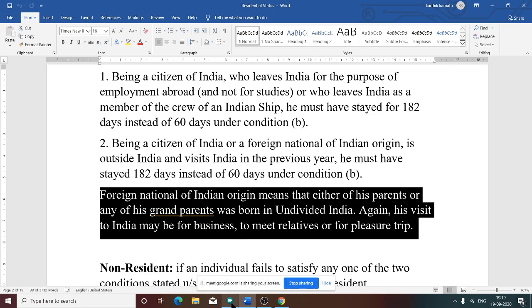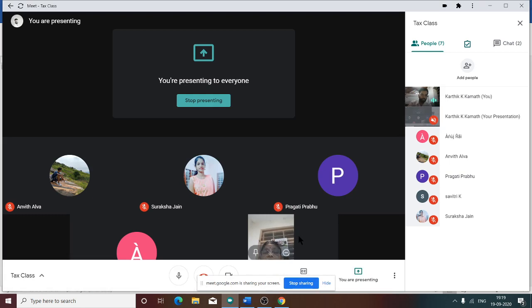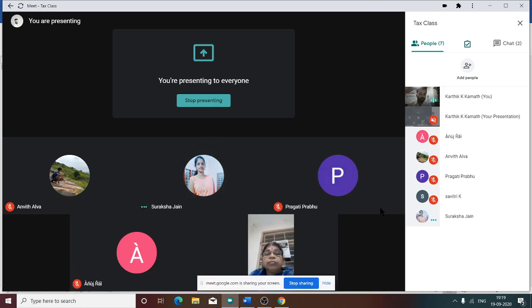In the last class we discussed, what do you mean by undivided India? Yes, before independence, correct. Before independence, many of our neighboring countries were together, India, Pakistan and all.